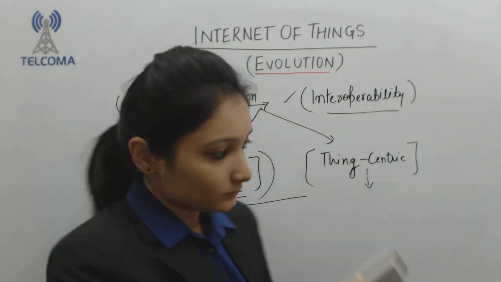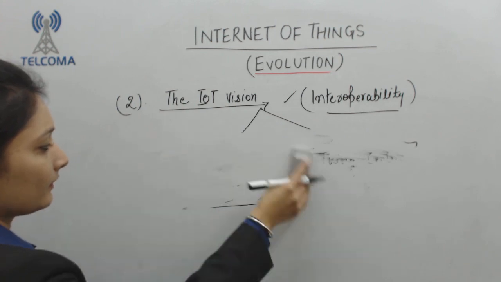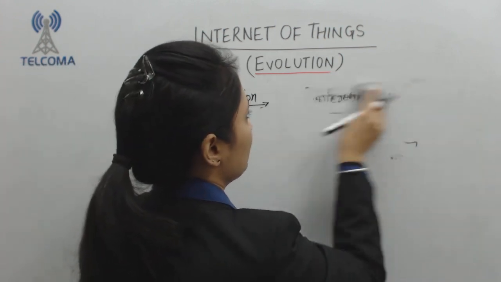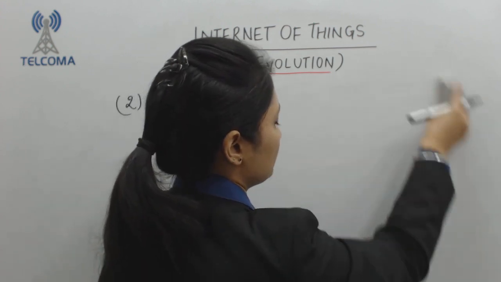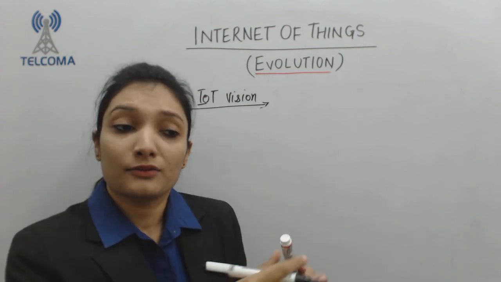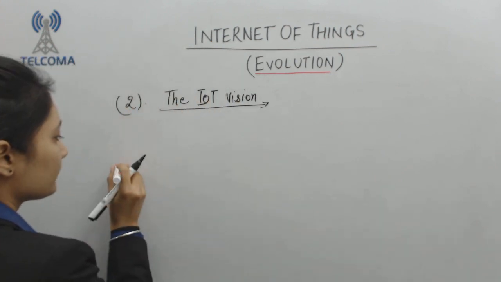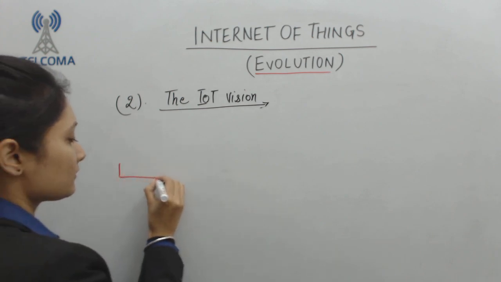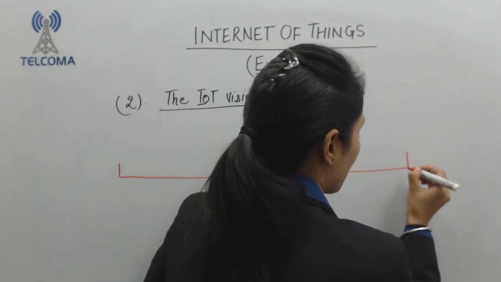So here we have a year-by-year vision for the smart objects around us.